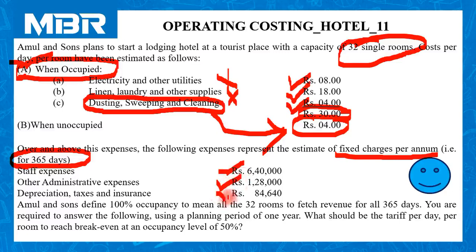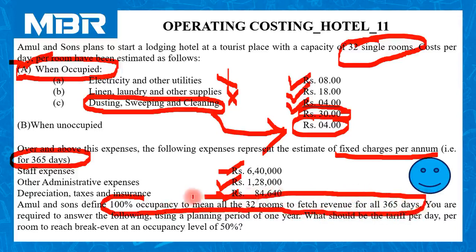Depreciation, taxes and insurance 84,640. Amul and Sons define 100% occupancy to mean all the 32 rooms fetching revenue for all 365 days. It means the hotel is expecting to be occupied at the rate of 100% for all 365 days in the year.